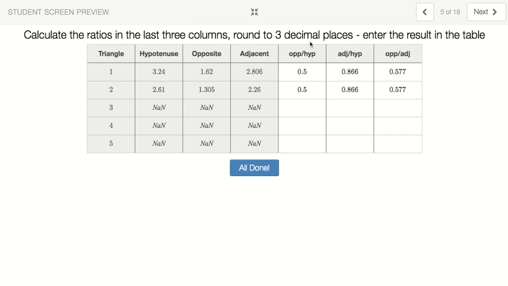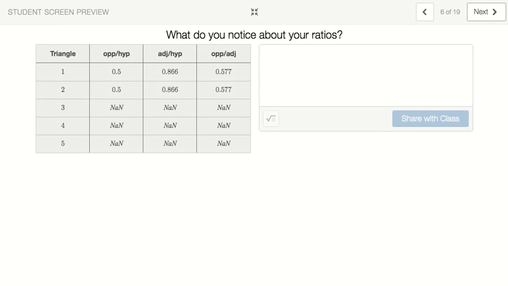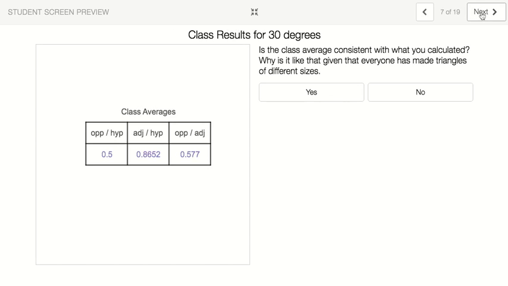Once you do that, you're going to enter those values into this table. Then you're going to tell me what you noticed about the ratios. Don't worry about the class results, because that's not something we can do since we are all doing this in our own homes due to social distancing.